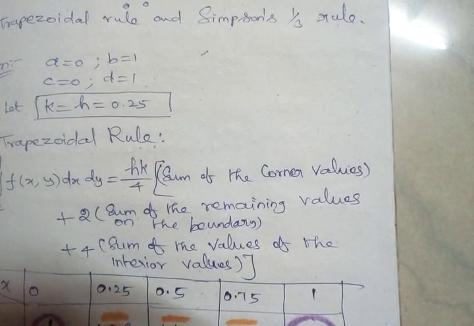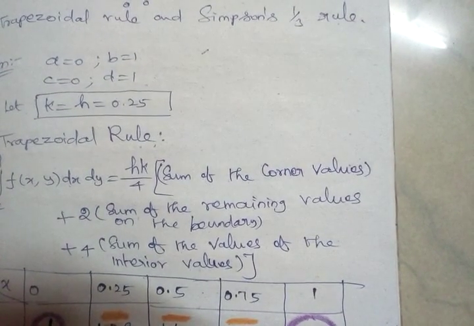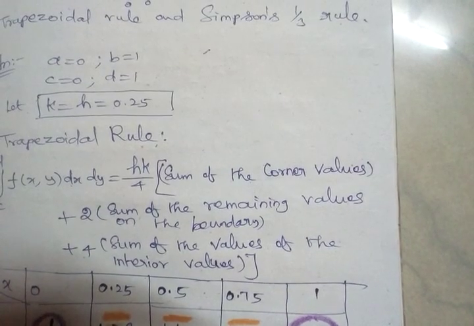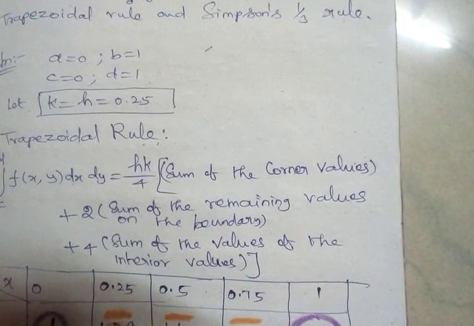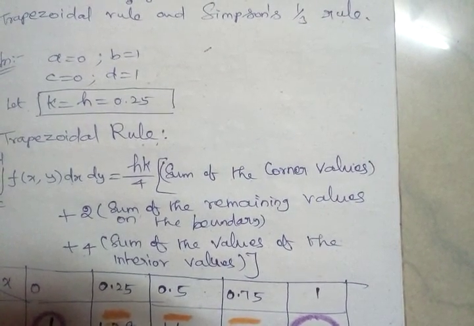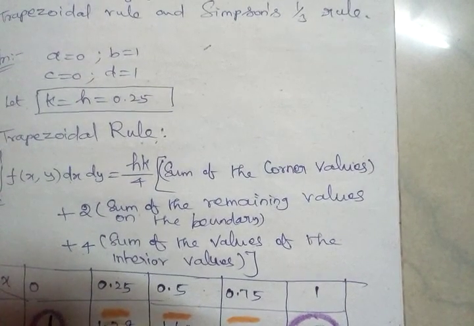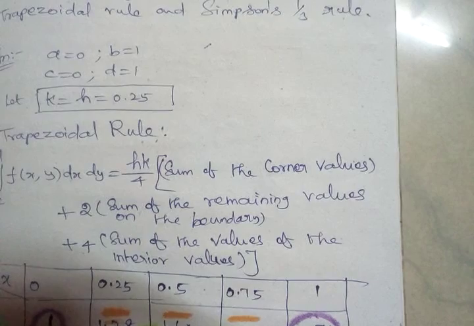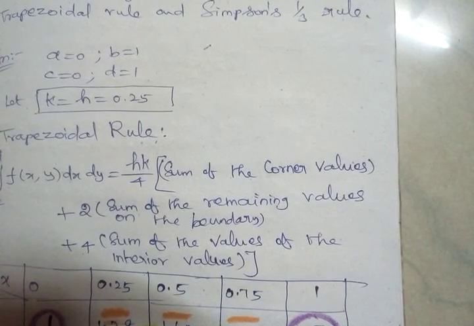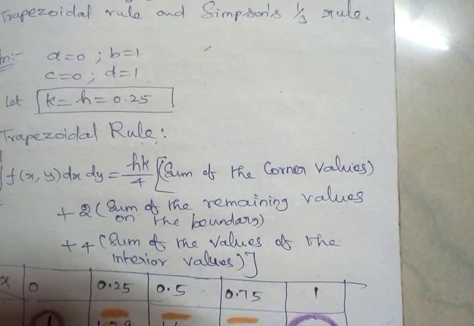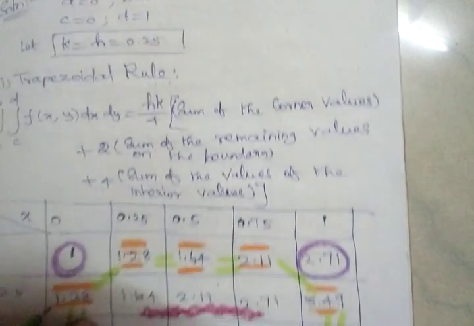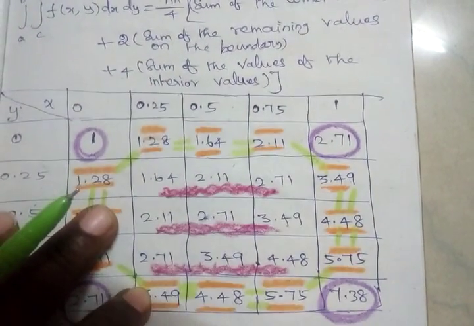How to find them? Using a table, with the segments 0, 0.25, 0.5, 0.75 and 1. From the table you can get the values and then substitute. Then we can solve this problem using the trapezoidal rule.